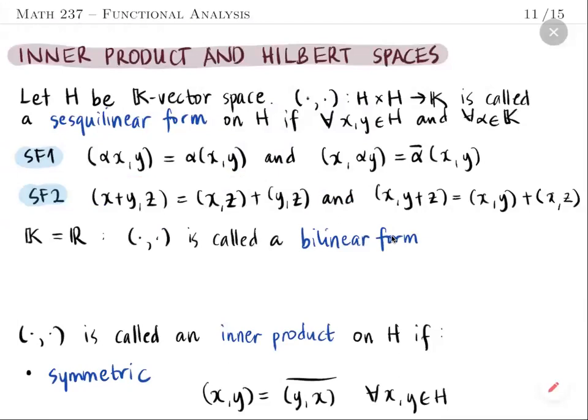So here, if alpha is in the first component, then you could just pull out the alpha. However, in the case where the scalar is in the second component, if you want to pull this out, then you should take the conjugate of that scalar. In the case where the field is the set of real numbers, then you don't need to take the conjugate.